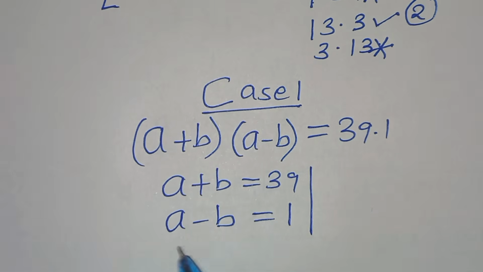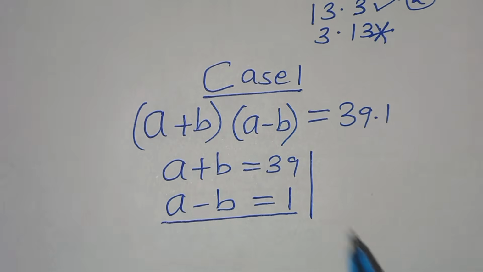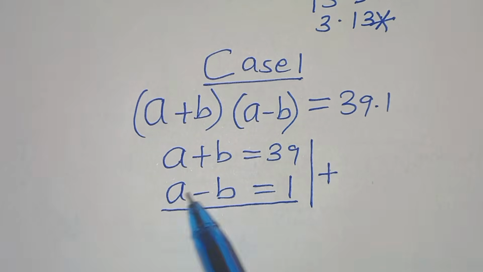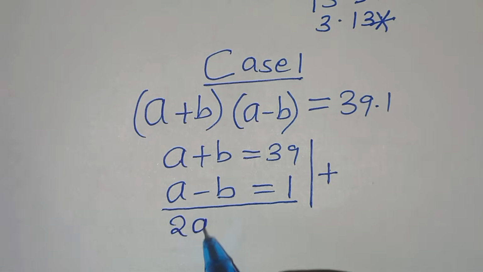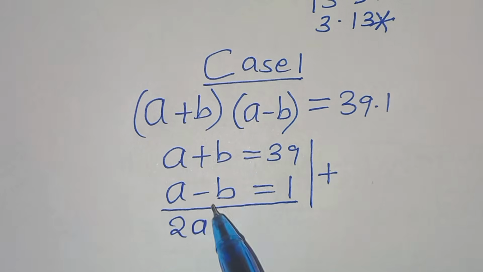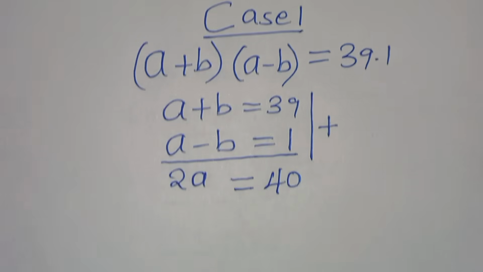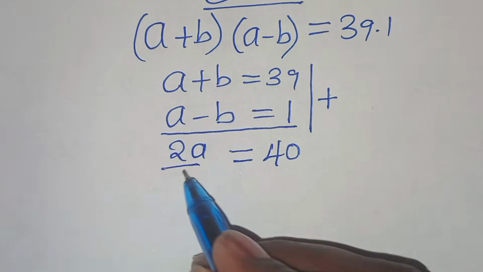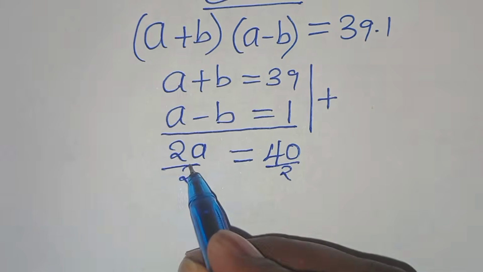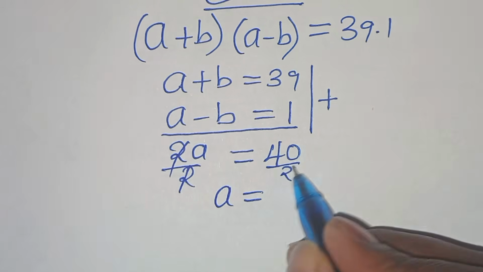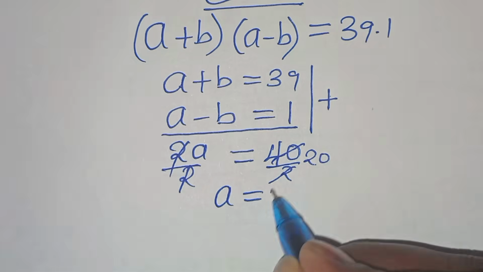So these are systems of two linear equations. Let's sum these two equations. That is a plus a, this is 2a, then plus b plus minus b simplifies. Then this is equal to 39 plus 1, which is equal to 40. So let's divide both sides by 2, so that now we have a is equal to 40 divided by 2, and this is equal to 20.